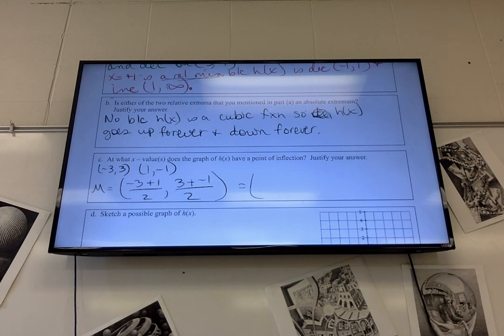So -2 over 2, that's -1, and +2 over 2, that's 1, is a point of inflection. And our justification of our answer is the work, and I guess I could say midpoint of relative max and min.